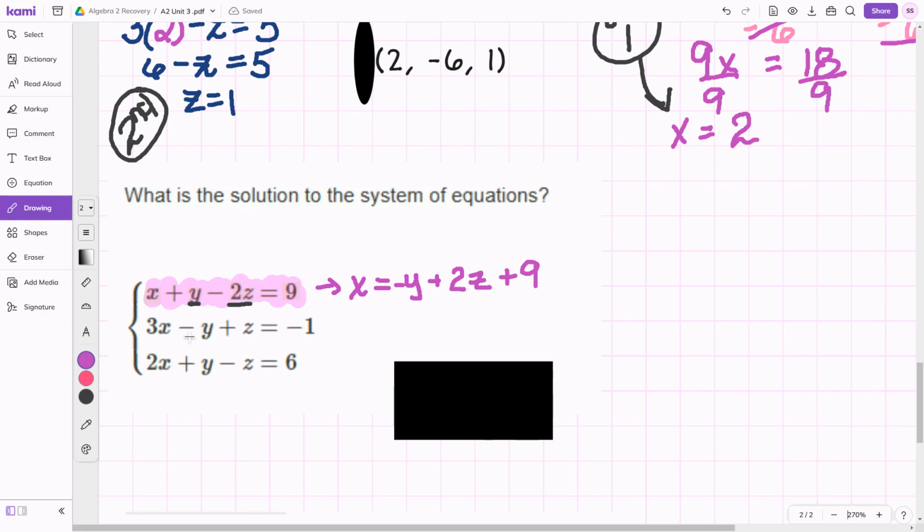So 9 stays positive because it's already on the right, but that's a negative y plus 2z plus 9. And every time I see x this time into these two equations, I'm going to plug it in. I'm going to plug in this expression right here, and then I'm going to simplify.